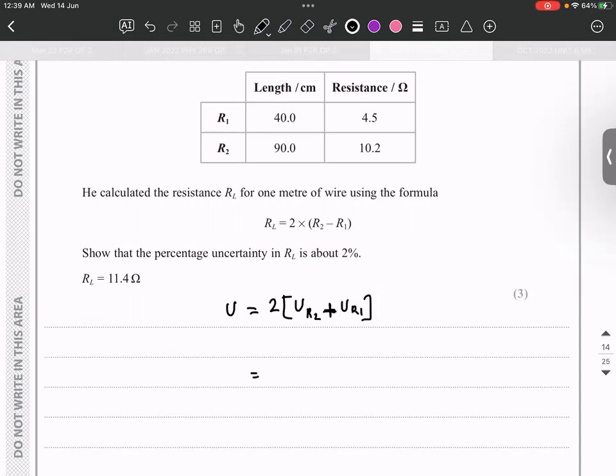So what is the uncertainty for the RL? How will you find that? Not RL, I mean the uncertainty in R2 and the uncertainty in R1. How will you find it?